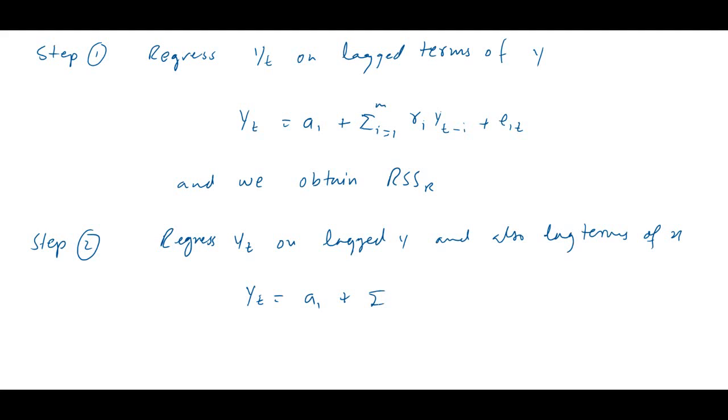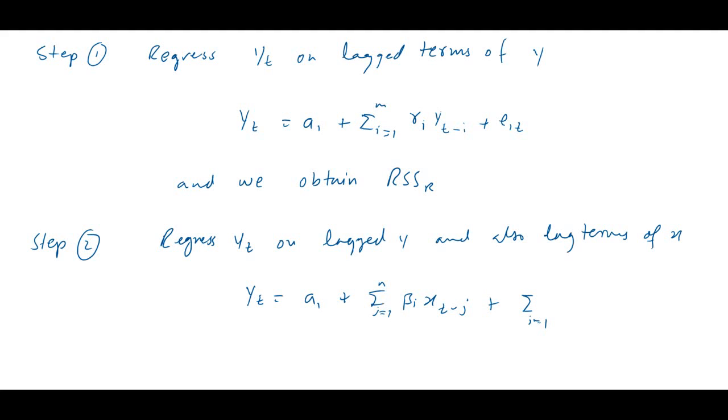summation j is equal to 1 up till n beta j xt minus j plus summation i is equal to 1.